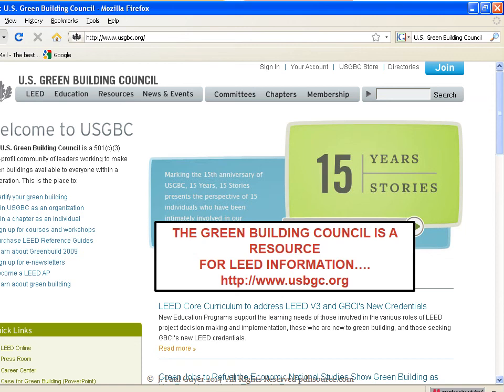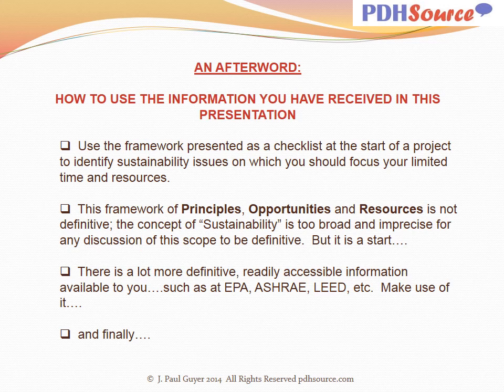And then there is the Green Building Council with their LEED program that has been so effective for them.